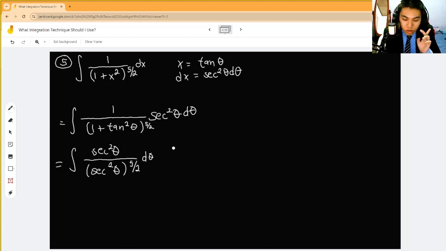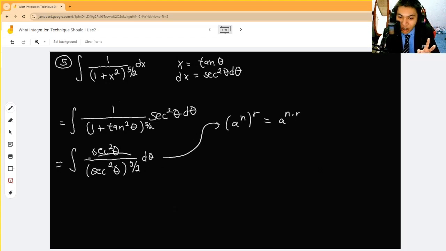We can take note here that whenever we have a function a raised to n, raised to r, this is the same as multiplying, so you have a raised to n times r. Applying that to the denominator, we have secant squared times 5/2 theta.